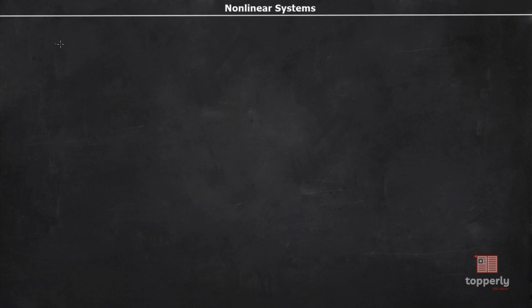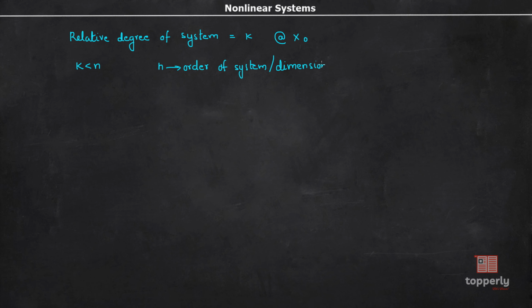Suppose the system has a relative degree k at x naught, and k is strictly less than n, where n is the order of the system or dimension of the state space.